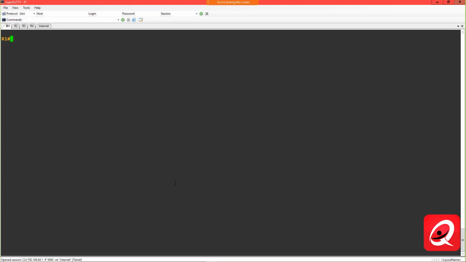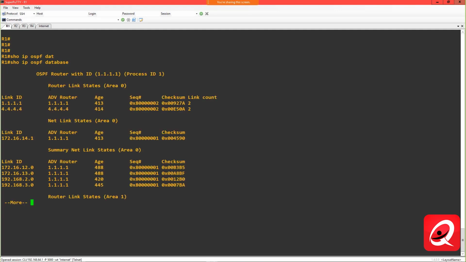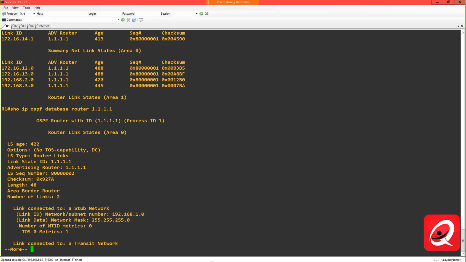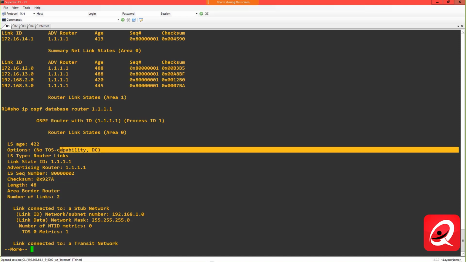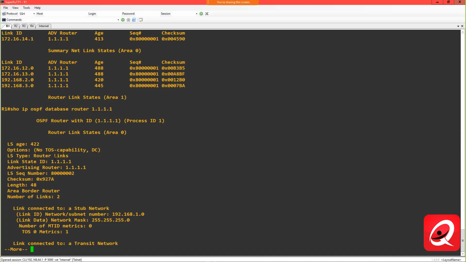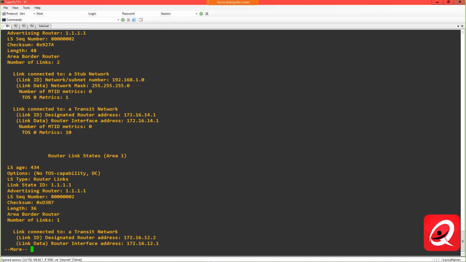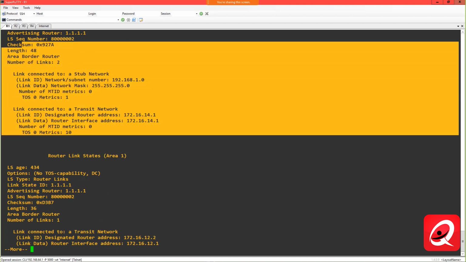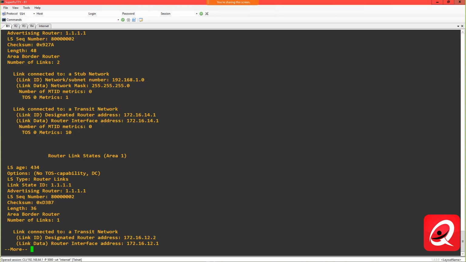If I go into router 1, for example, and I do a show ip ospf database, I can see the router link states listed here. And if I drill into what's coming from, say, router 1, I can see the capabilities of this particular platform. We see all of the different LSAs and some of the options that are advertised, but these are the LSAs that are being advertised by router 1 in area 0.